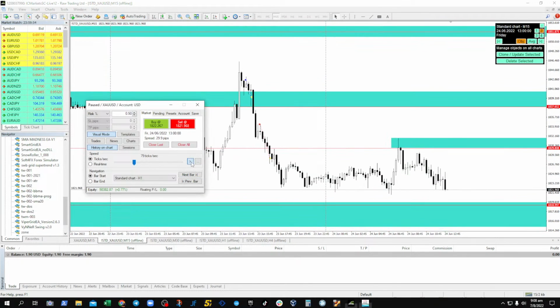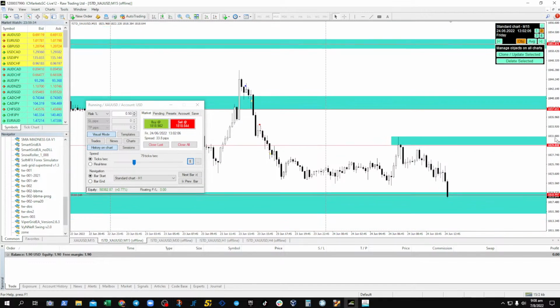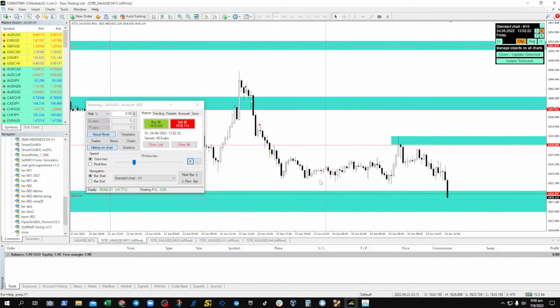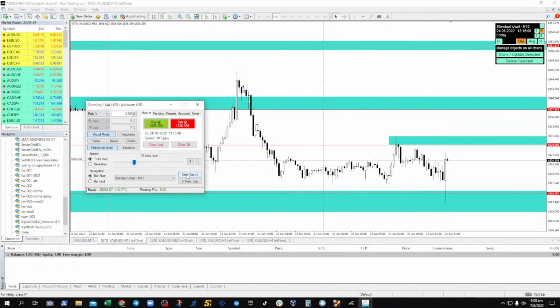Just wait for it. Okay, come on, price continues to go bearish. Tap the zone, there you go. Wow.